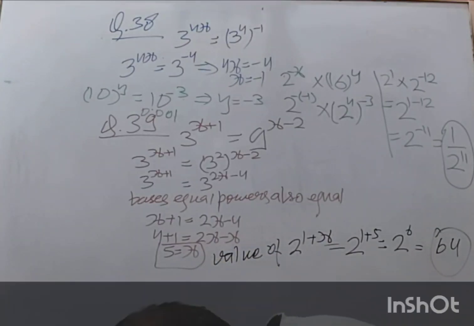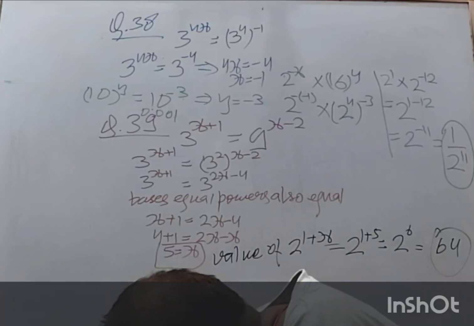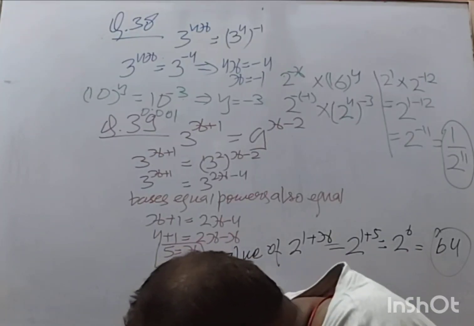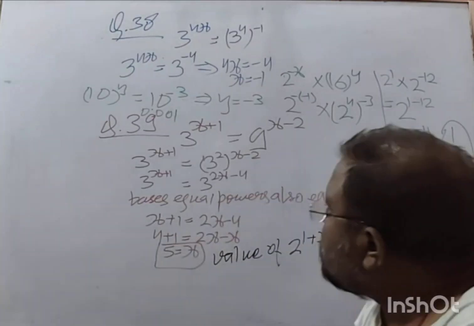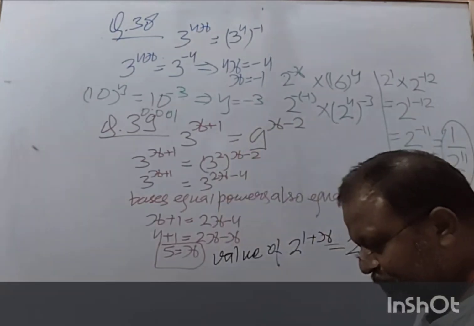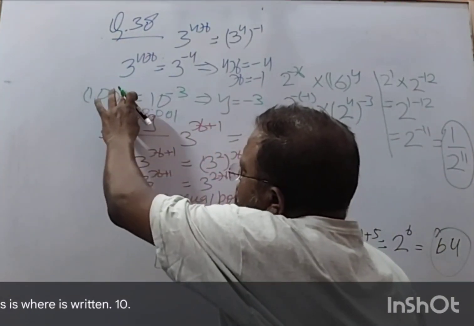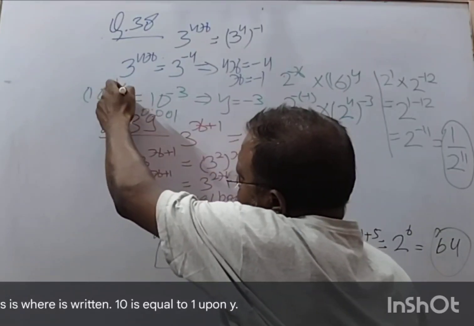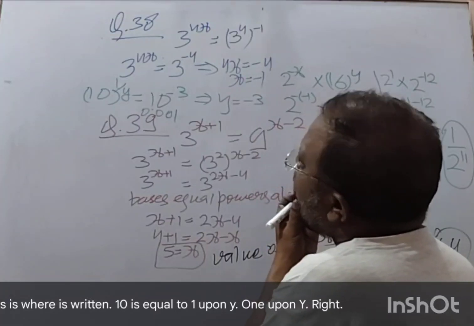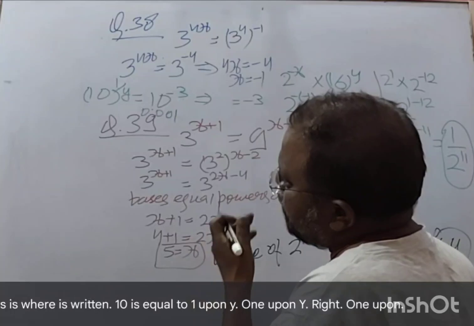Here is written 10 is equal to 1 upon y.